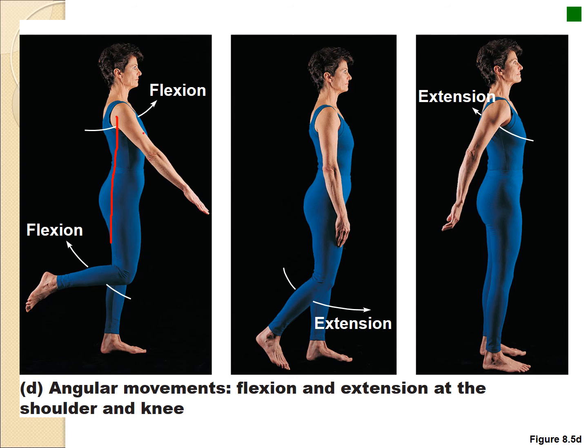When you're flexing, you're making this angle of the plane smaller. And if you go this way, you're extending it. So flexion just means you're moving the arm forward. The angle between your nose and your arm is decreasing, versus if you move it back like here, that angle is increasing.